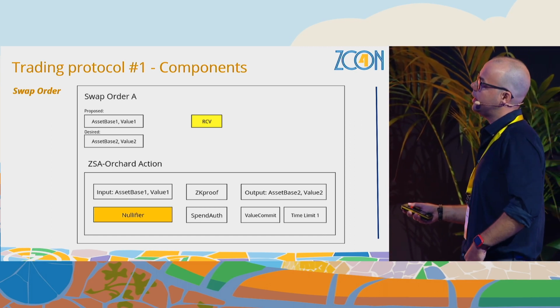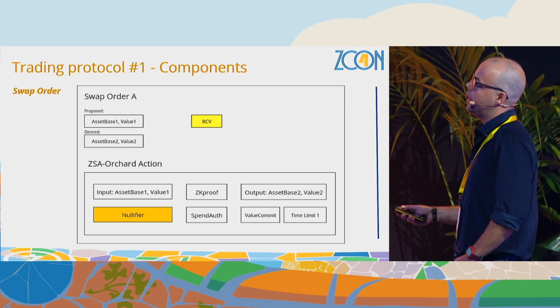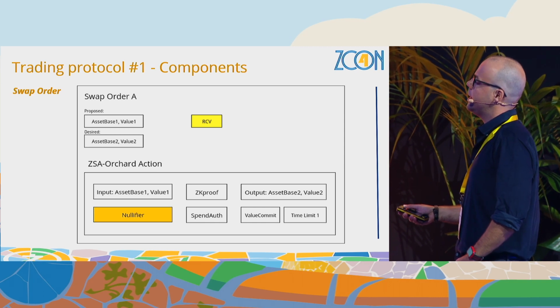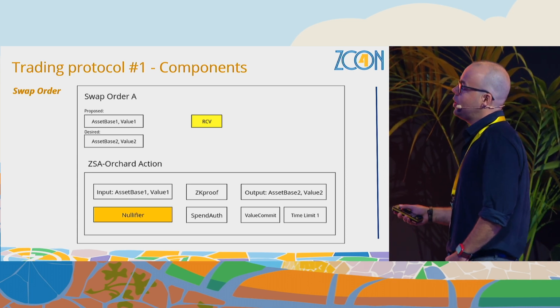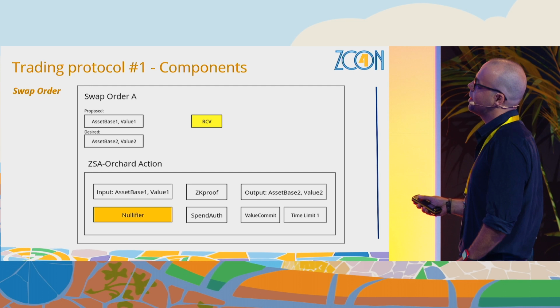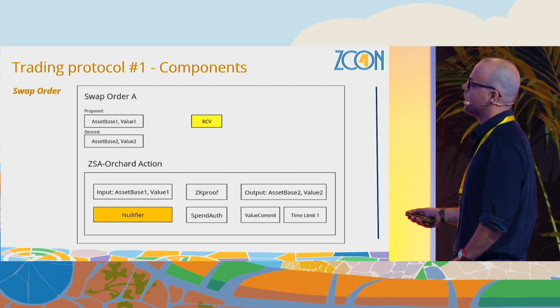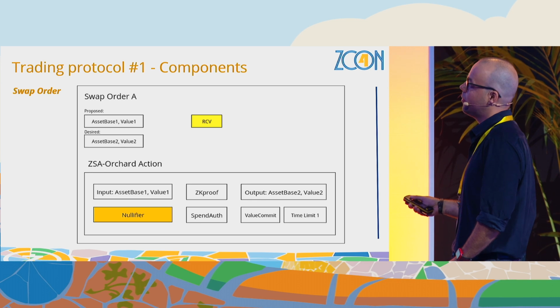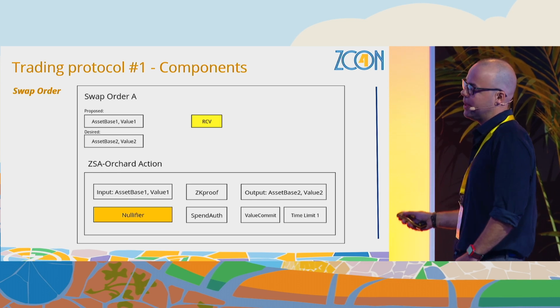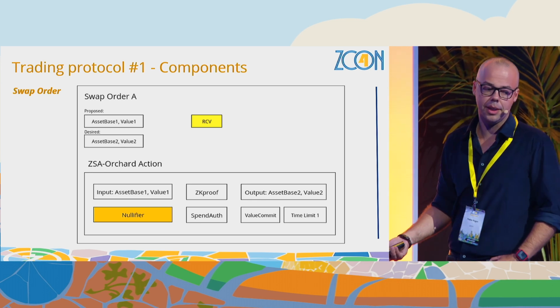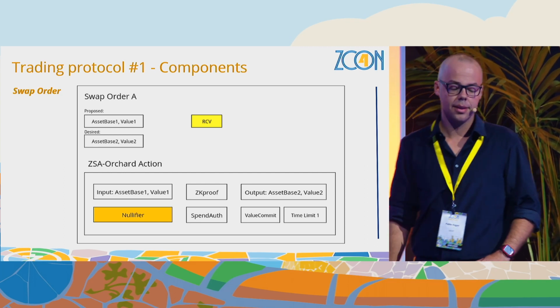In addition, in the swap order, party A says, I'm proposing asset 1, value 1, and I want to get in exchange asset 2, value 2. In addition, party A must attach the randomness that was used to create this value commitment, for someone to create the binding signature at the end.